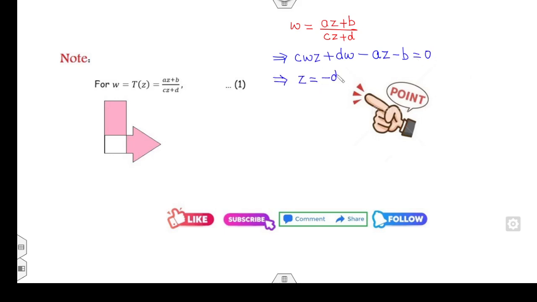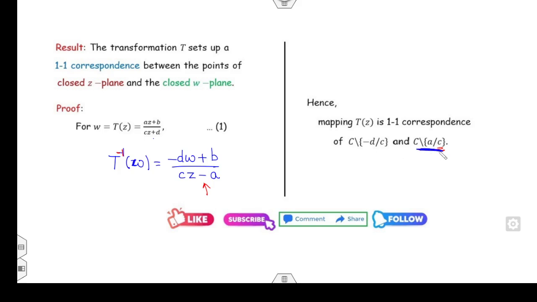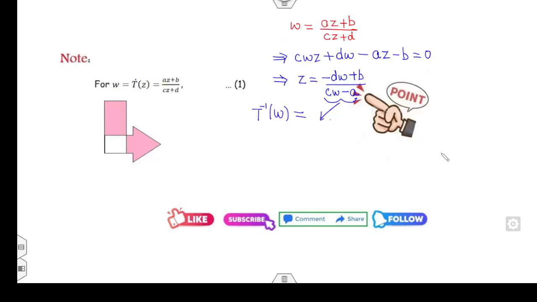So z becomes minus dw plus b divided by cw minus a. So z is T inverse of w, which is my expression. Fine. And clearly the domain is defined only for C minus a over c. Therefore you can say that the domain is defined on C minus a over c.